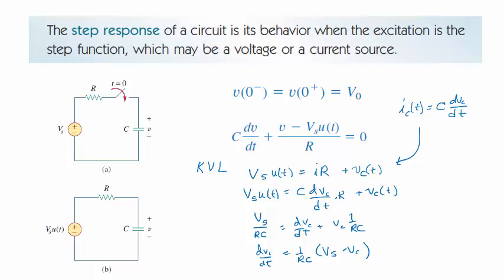And that line that I just wrote a moment ago was dV/dt equals 1 over RC.